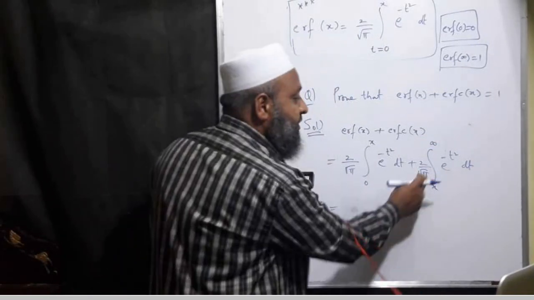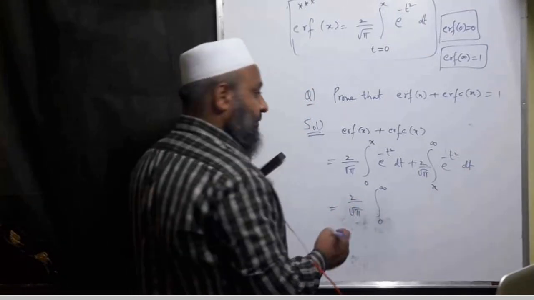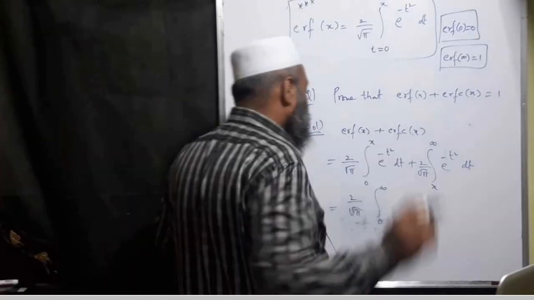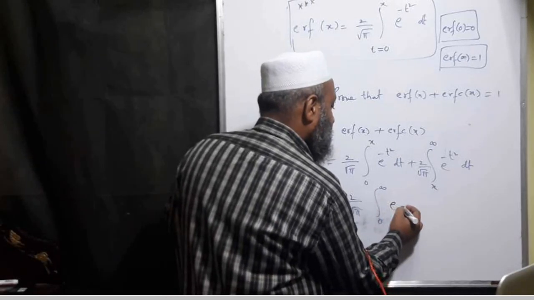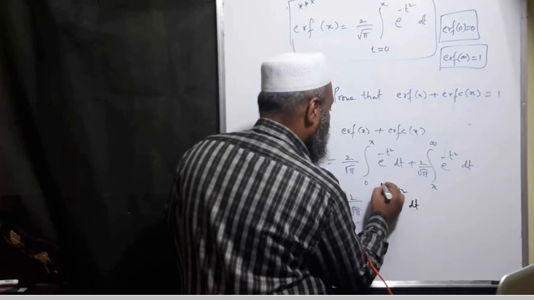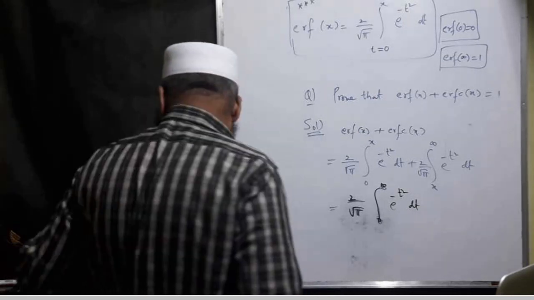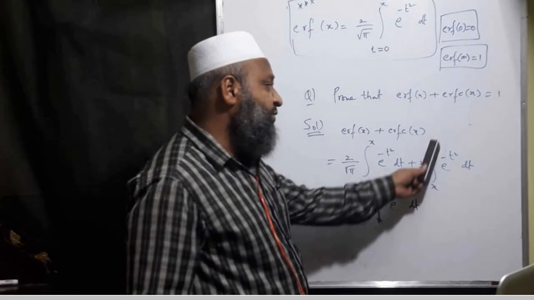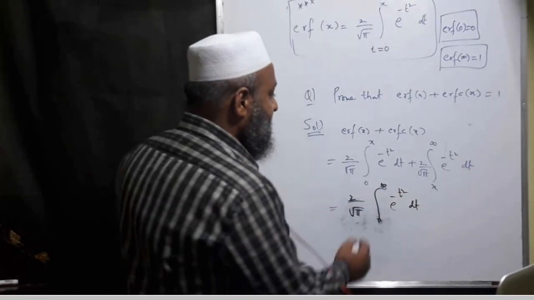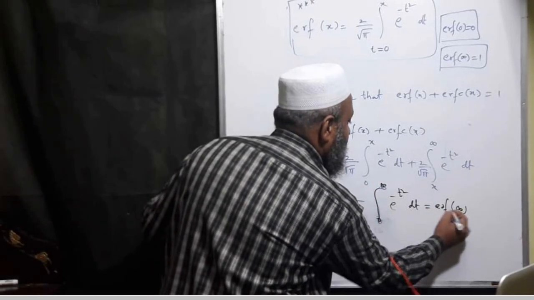That is equal to, 2 by root pi is common, so e to the power of minus t square dt with limits 0 to x and x to infinity combined as 0 to infinity. This result is nothing but the error function at infinity.